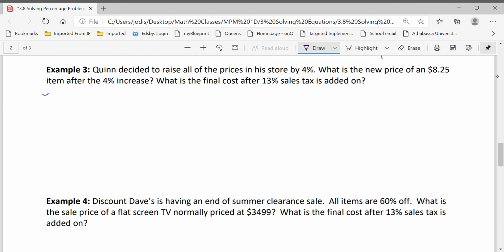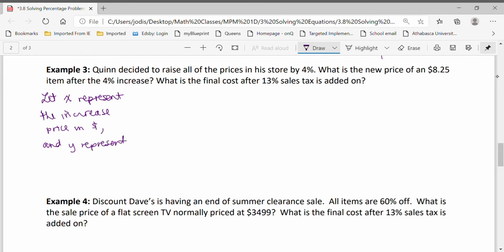Okay, so I'm just going to use X. Let X represent the increased price in dollars, and then I'm also going to need the final cost, so I'm also going to say Y represents the final price in dollars.